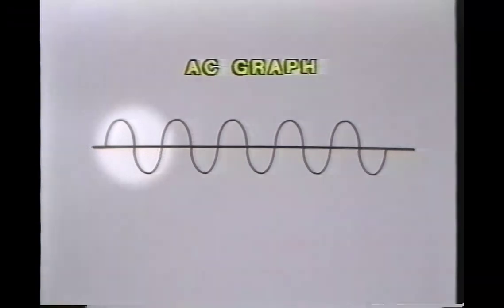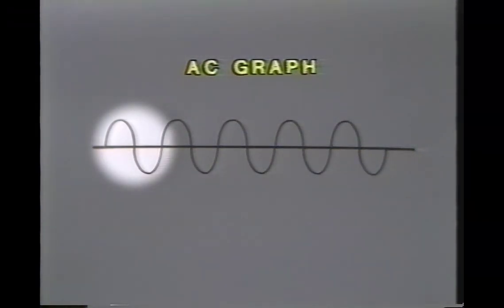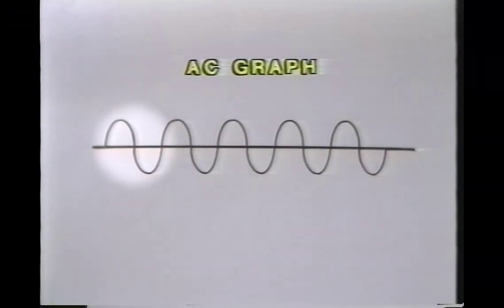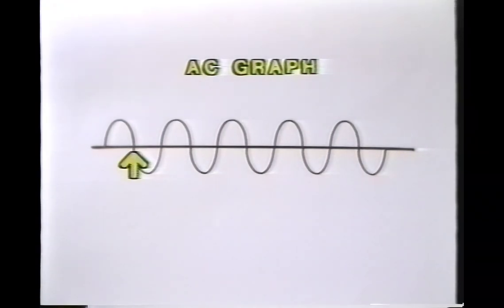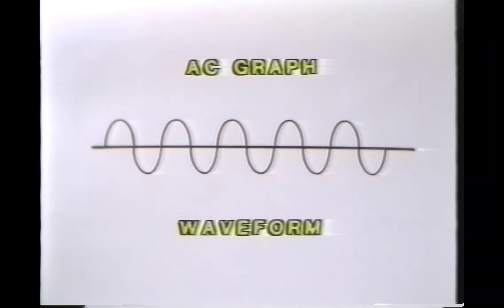This is known as one cycle of alternating current, and the process is repeated 60 times a second. Notice that the voltage actually drops to 0 volts every 120th of a second after each half cycle. The graph we've made is a picture of the alternating current and is known as a waveform.